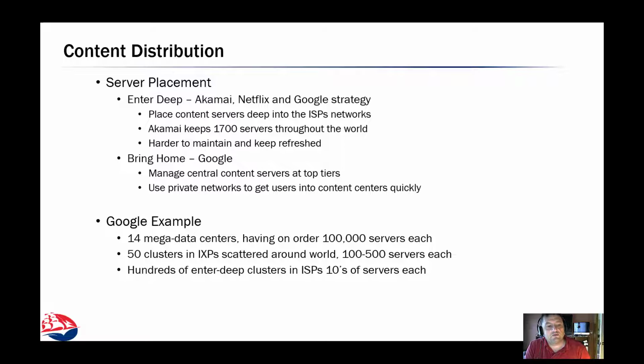These are used to get your Bring Home connections into Google's network as quickly as possible. Finally, Google also has hundreds of Enter Deep clusters that serve content directly from ISPs, each with maybe tens of servers in each location.